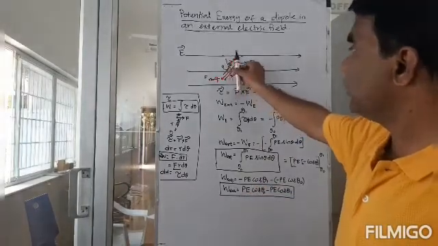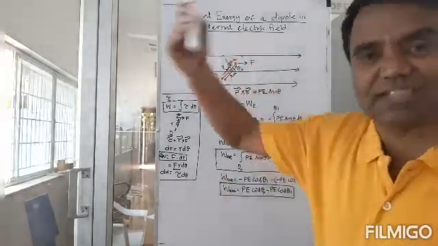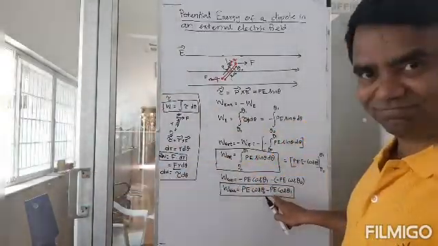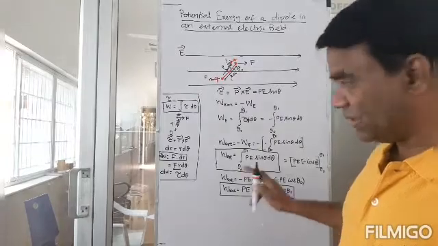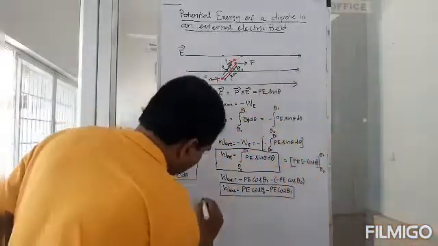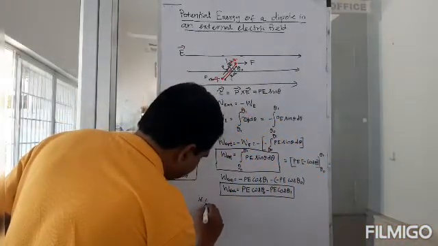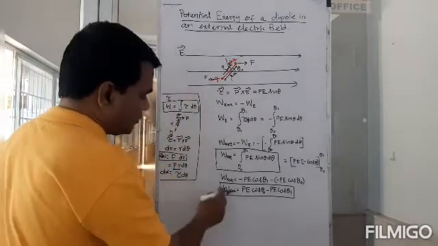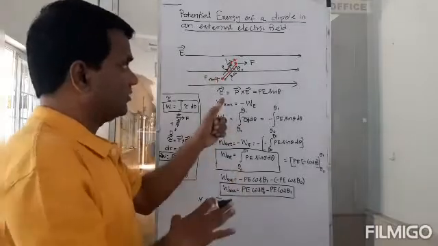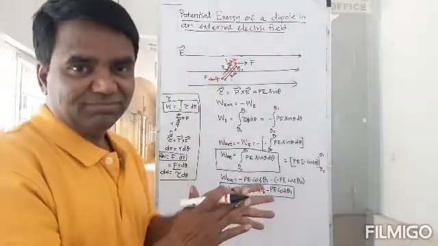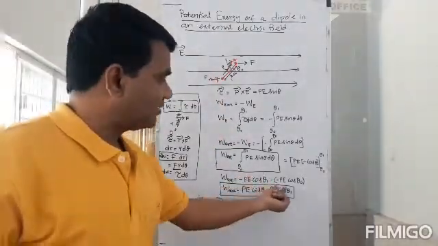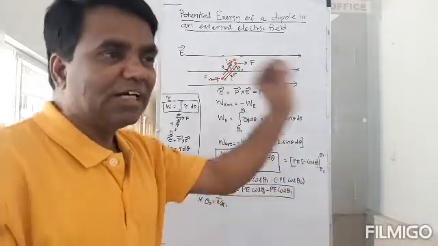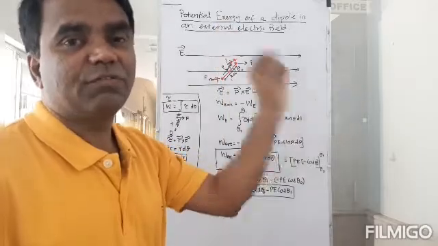Then cos theta 1, any other angle, will have some value. So if you choose theta naught as pi by 2, then the potential at theta naught will be 0, and any other point would have some value.